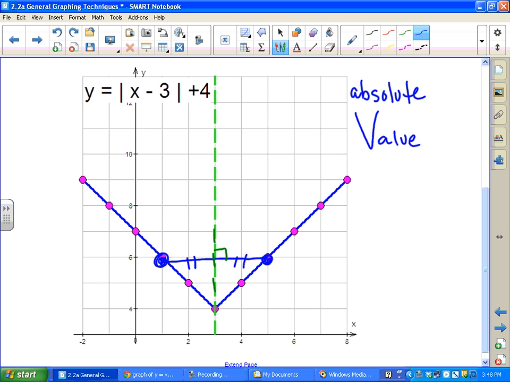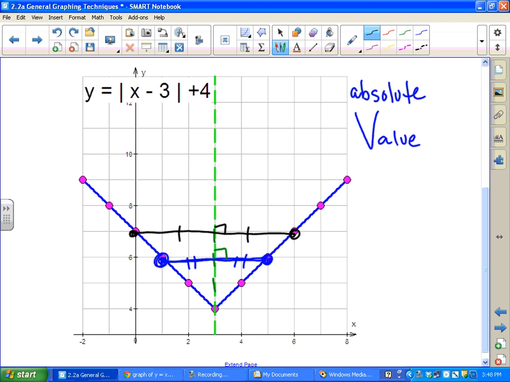So for the segment I drew in blue, I added the congruent markings, and you can see the segment is perpendicular to the green dashed one. And this is true for every point on the function y equals the absolute value of x minus 3 plus 4. So if I go over to (6, 7), and I connect a segment all the way over to the other point at (0, 7), again, it's congruent on both sides.